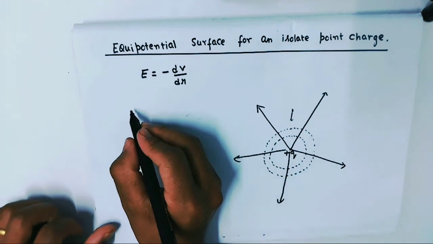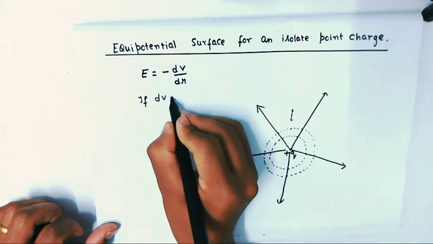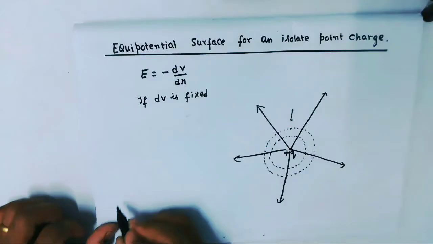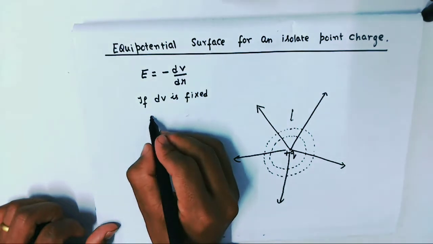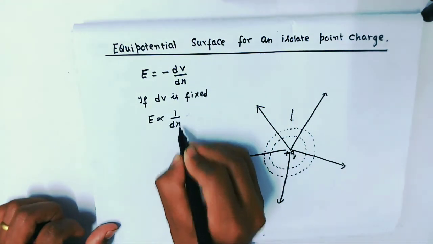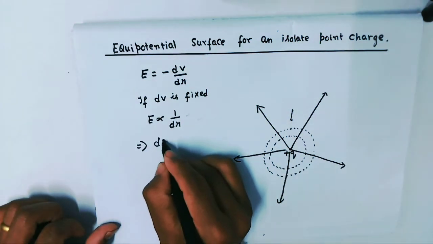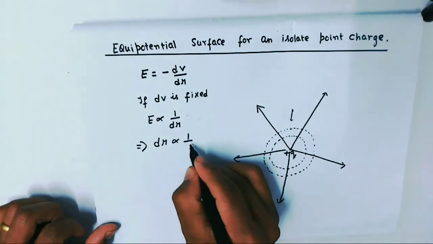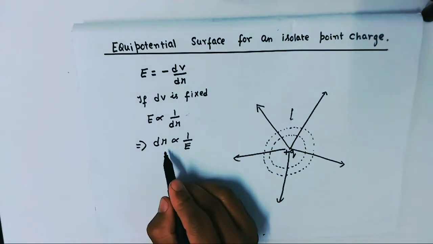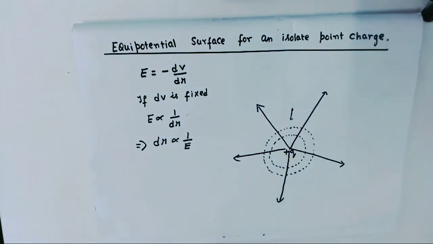So if dV is fixed, then E is inversely proportional to dr, or dr is inversely proportional to E. This equation explains the crowding of equipotential surfaces in the region of strong field.